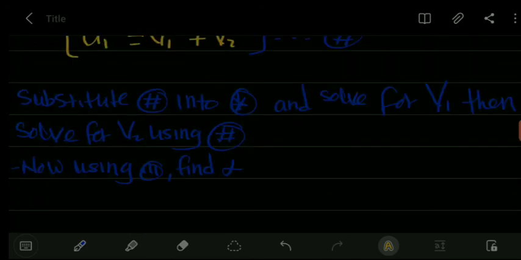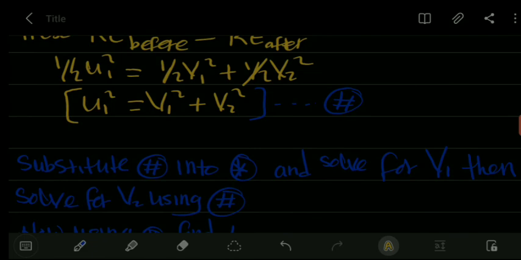And then after solving for v1, we can come back to equation hash and substitute the value of v1 and then solve for v2. Because u1 is already given as the initial velocity in the question, we know what u1 is. We have just solved v1, so now we can also solve for v2.